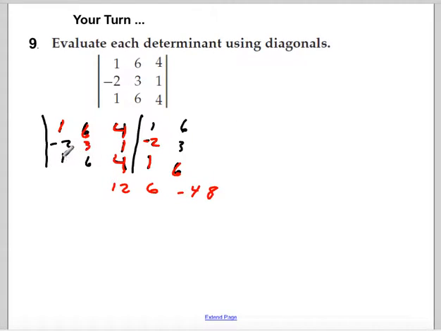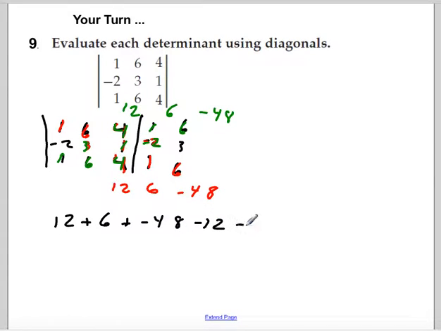And then multiplying up, we get 1, 3, 4 is 12, and 6, 1, 1 is 6, and 4, negative 2, and 6 is a negative 48. So now I can go 12 plus 6 plus a negative 48 minus 12 minus 6 minus a negative 48.